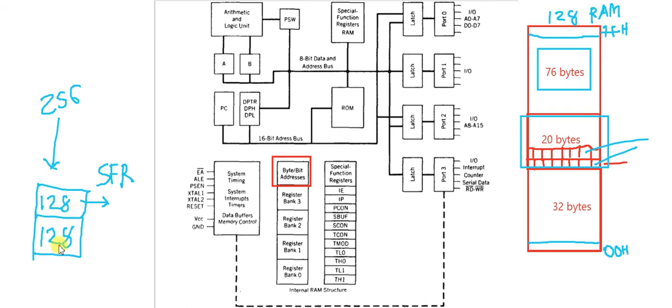Okay, so this part is called the lower 128 bytes of RAM, which is user accessible, and this is called the upper 128 bytes, which is directly not accessible by the user. But the question arises, then what is the need of these 128 bytes? So to drive the microcontroller or to use the microcontroller efficiently, we have this block.